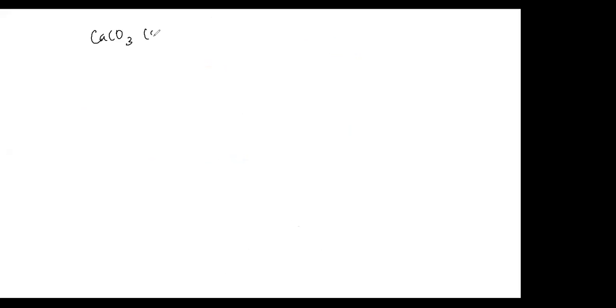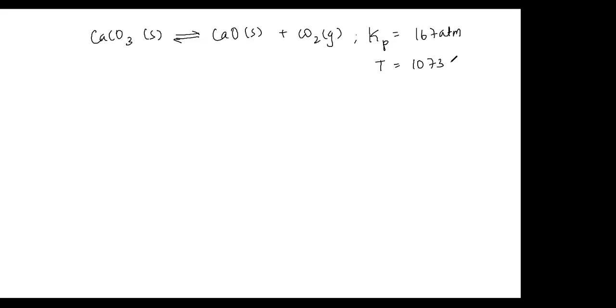CaCO3 solid is in equilibrium with calcium oxide solid plus CO2 gas. The Kp for this reaction is given as 167 atmospheres, calculated at temperature 1073 Kelvin. You need to figure out what is Kc for this reaction.